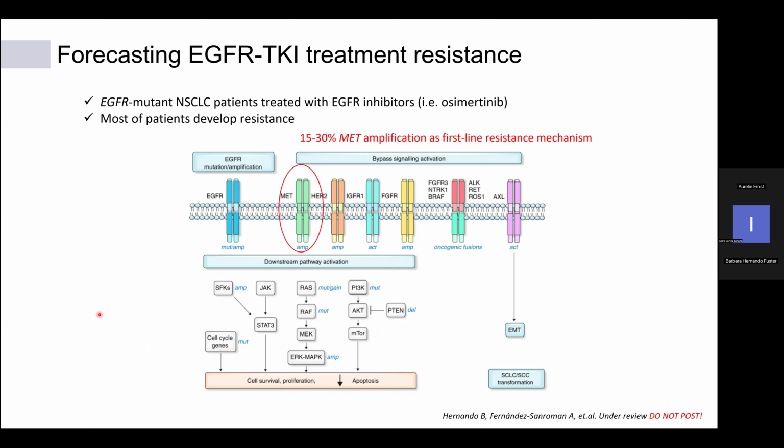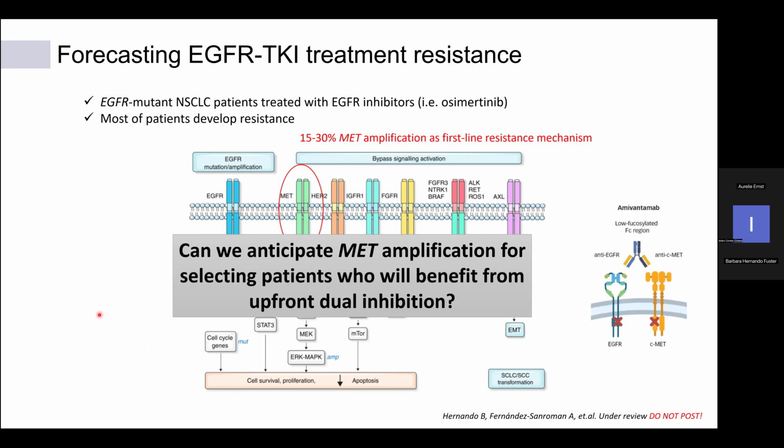So our aim was to see if we can anticipate MET amplification for selecting patients that will benefit from a new therapy, amivantamab, which inhibits both EGFR and MET at the same time.